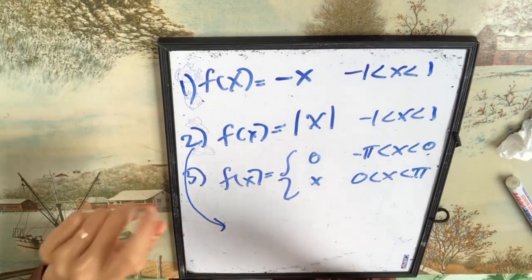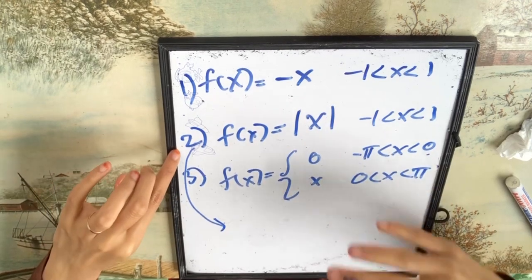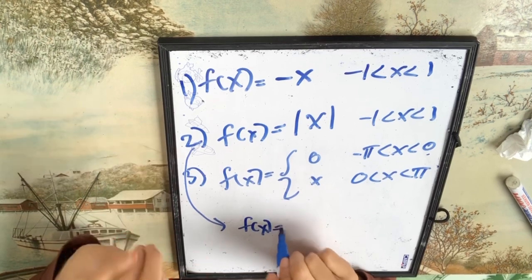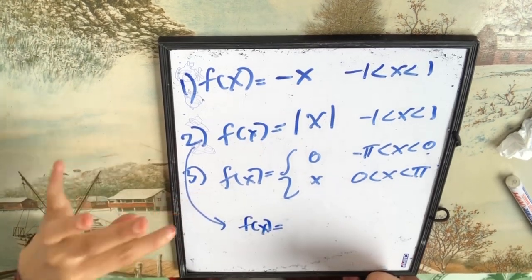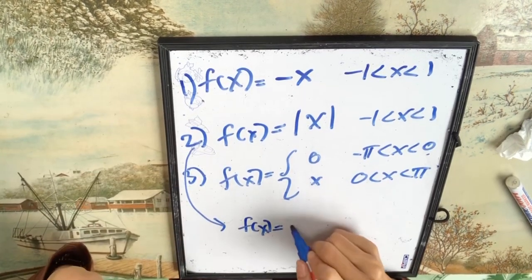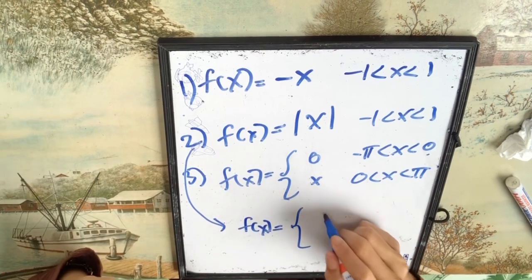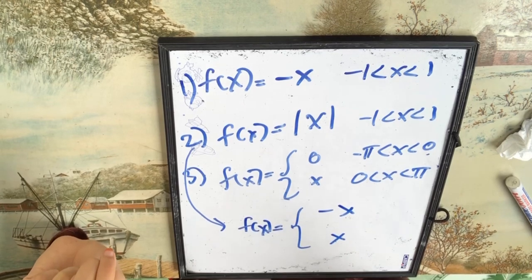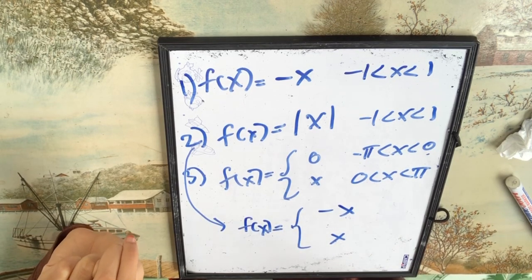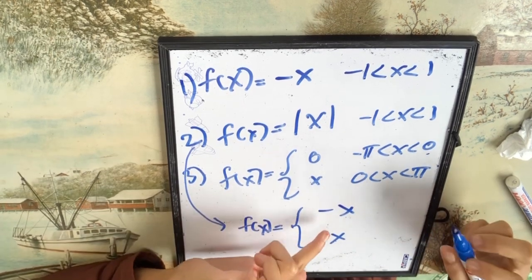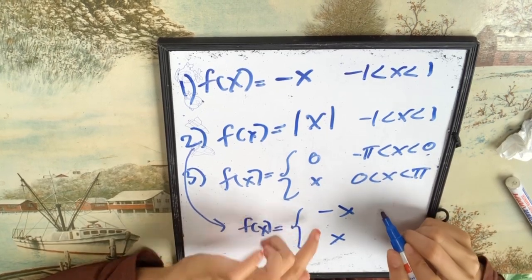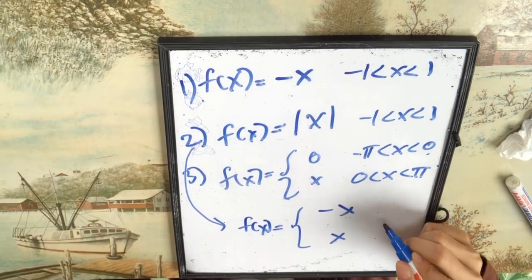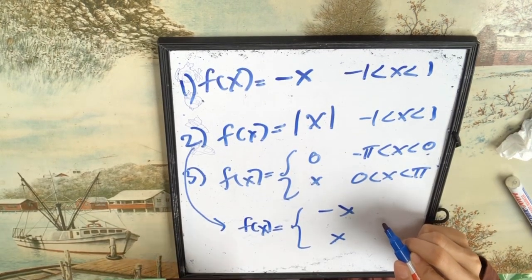When you get a function that contains a modulus, you need to break it into a piecewise function, like example number 3. You need to break it into 2: the first one is negative, the second one is positive. For the negative function, this is the original interval, so when it's negative, the interval must also be negative.